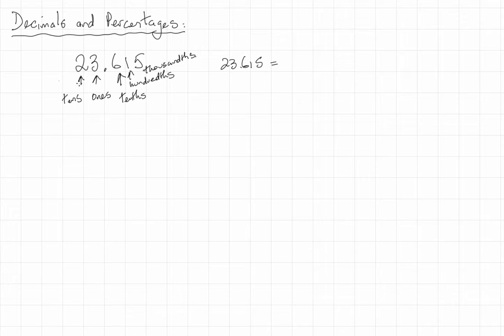So if you like, 23.615 is equal to 2 is in the tens, so that'll be 2 times 10, plus 3 is in the ones, 3 times 1, plus 6 is in the tenths, so that's 6 times 1 on 10, plus 1 times 1 on 100, plus 5 is in the thousandths.